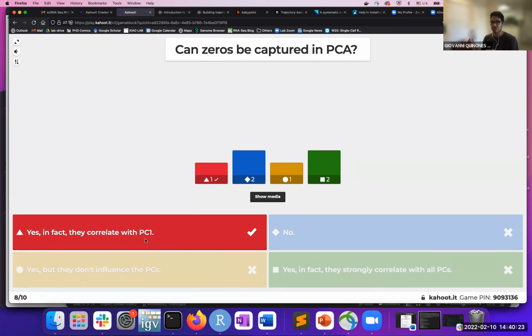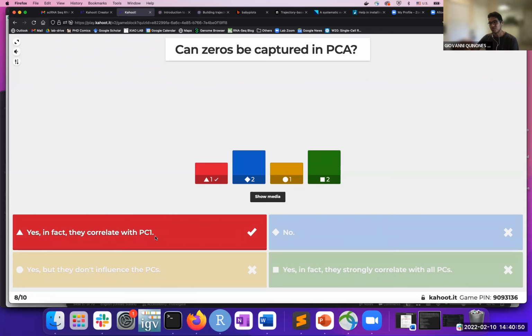And I showed a plot of one study where they correlated the values in PC1 with the fraction of zeros. And there was a pretty good correlation. This means that the variance that PC1 is capturing is mostly coming from the zeros in your distribution.